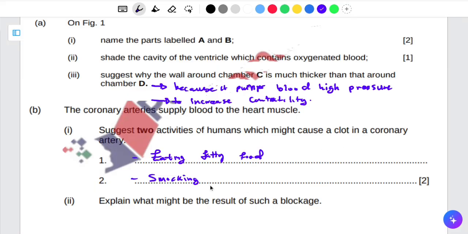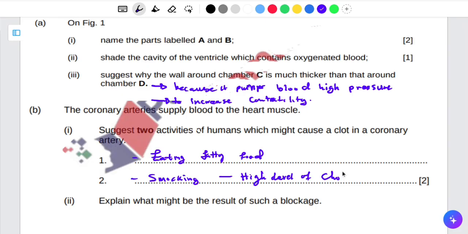Apart from this, lack of exercise. If you're lacking exercise, there's going to be a build-up of fats around the heart. That's the reason why they encourage people to do exercise, to burn out the fats which surround the heart. Apart from that, high level of cholesterol. Cholesterol can be bad or good.